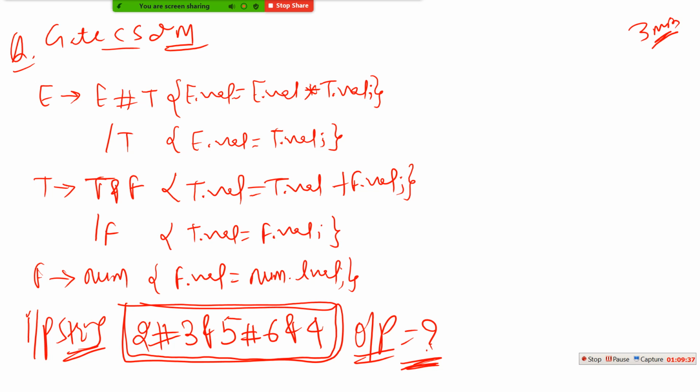Very easy problem, you can solve it quickly.